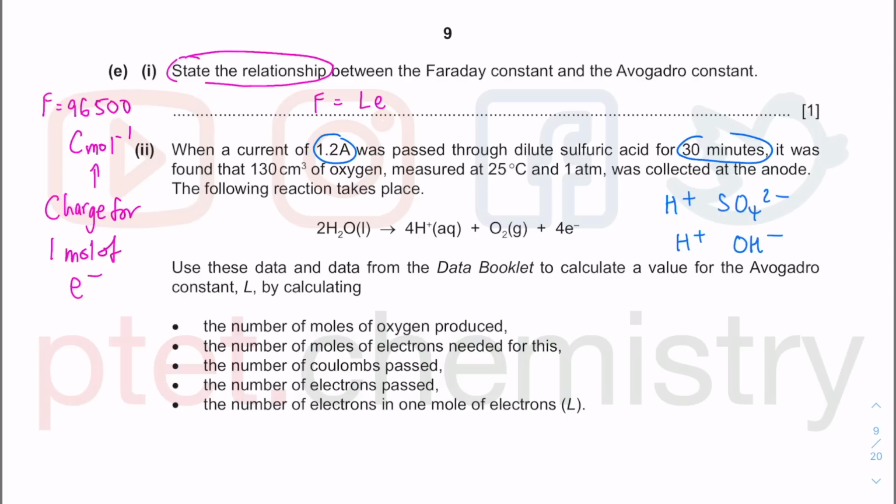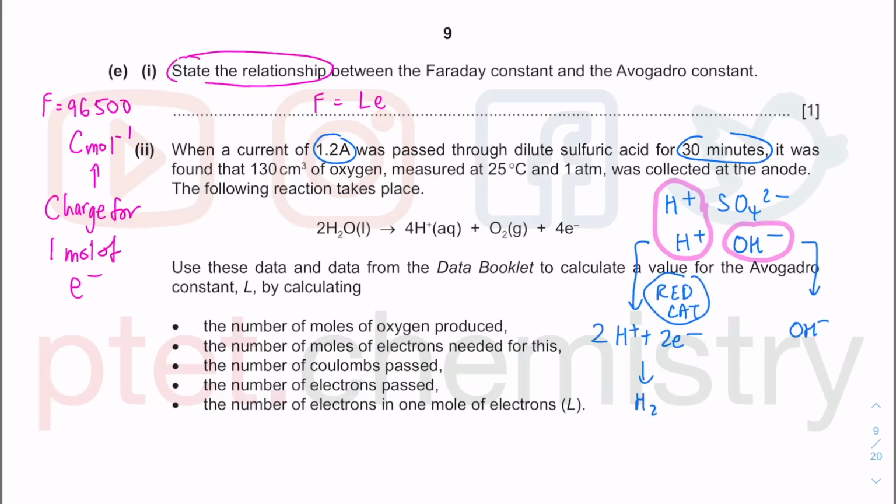So the H+ is just going to be discharged at the cathode, that's the right word. Between the hydroxide and the sulfate, it is the hydroxide that's going to get discharged. So the H+ plus 2 electrons will go to H2. This will happen at the cathode. Reduction happens at the cathode for your electrolysis.